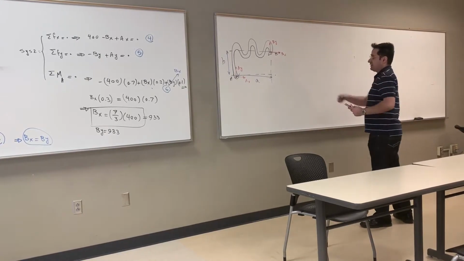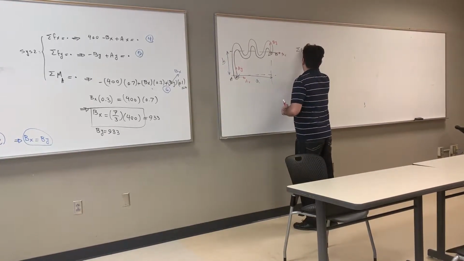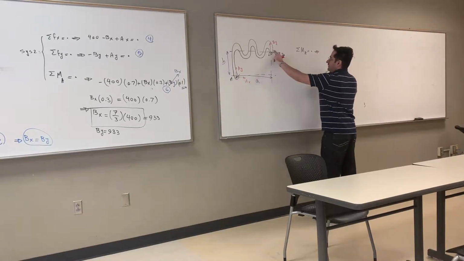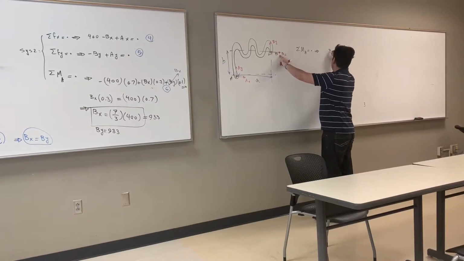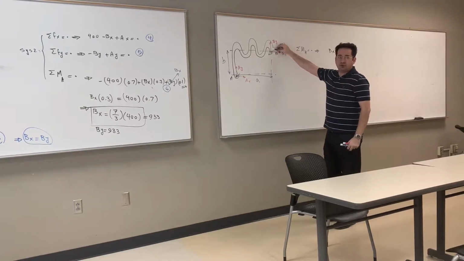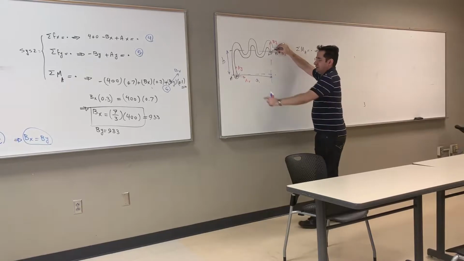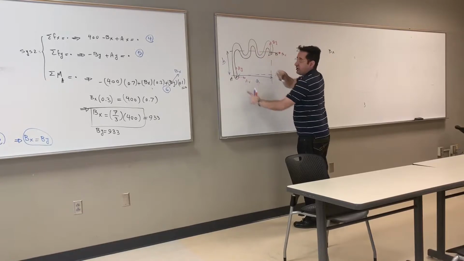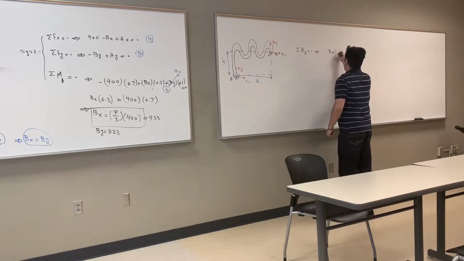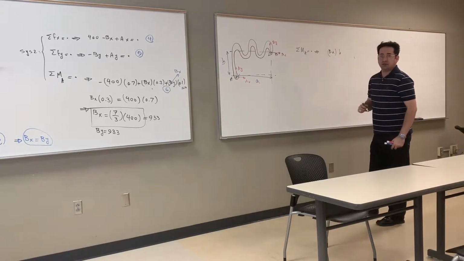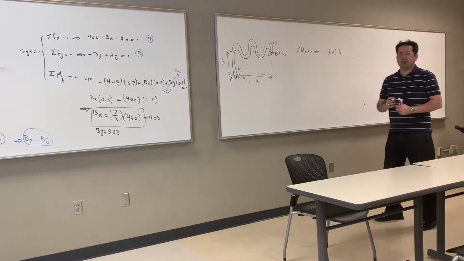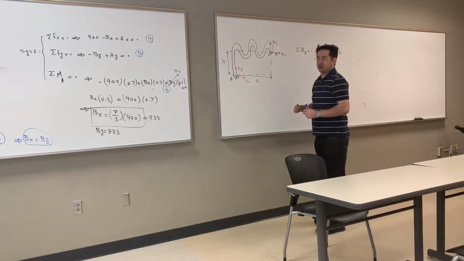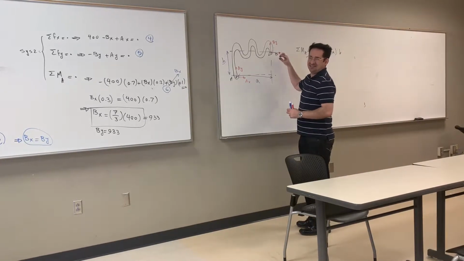So, assuming this is in equilibrium, I want to write the moment equation about point A, equal to 0. What do I get? Bx times... where should I move it, to get a moment with respect to A? All the way here, right? So Bx times B, positive or negative? Negative. If it's not positive, it's negative.